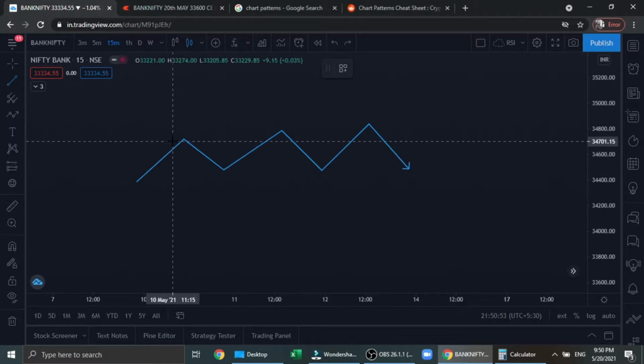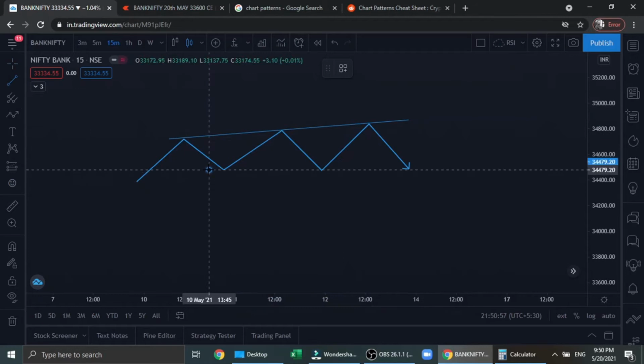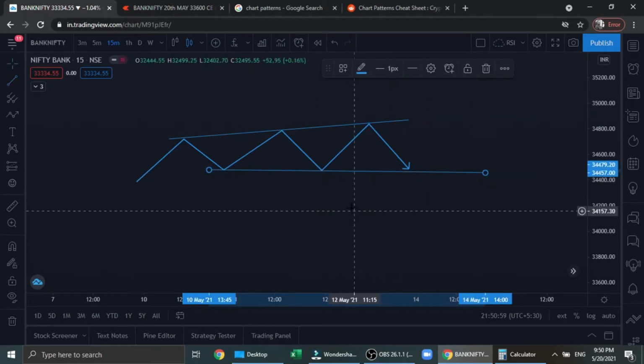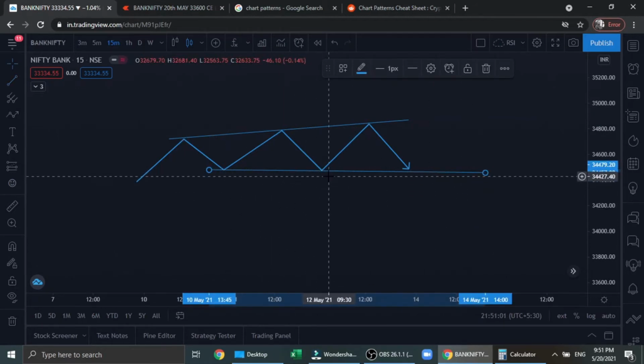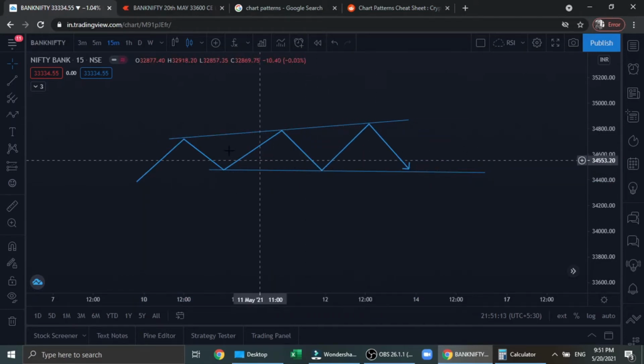If we connect all the high swings together and low swings together, then we can say that the stock is moving in a pattern.